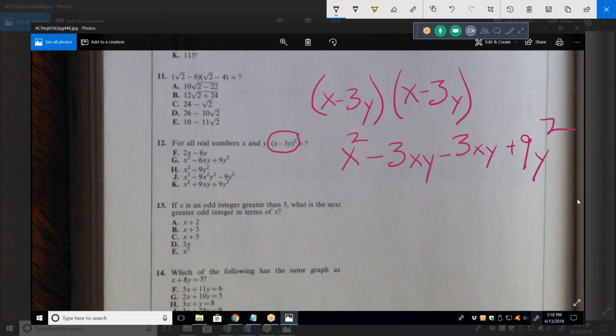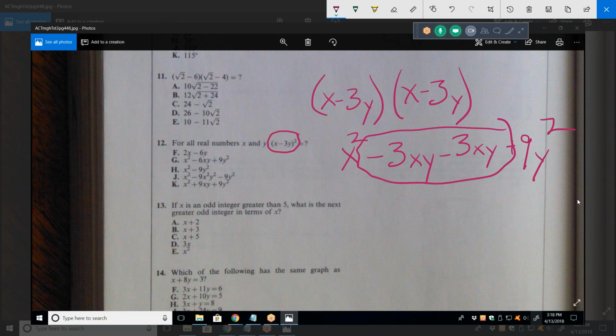Isn't it just h? What's that become? Oh wait, never mind. Besides that, h has got the wrong sign. It's got minus 9y squared. Yeah. In other words, you have to combine those two like terms in the middle, which is very often the case. Yes.